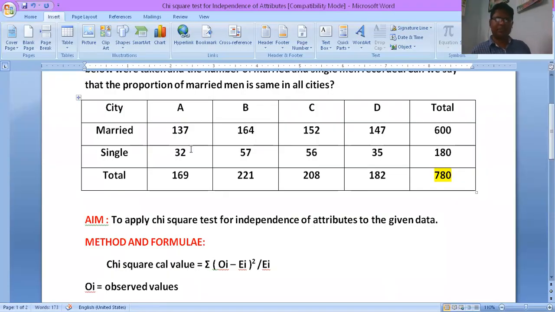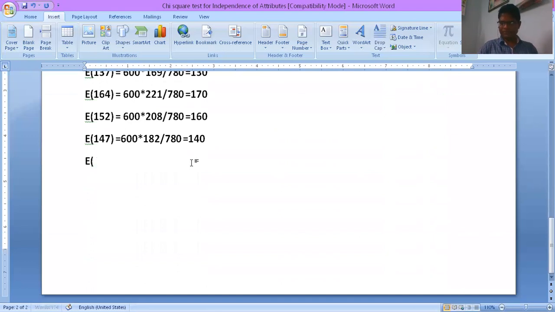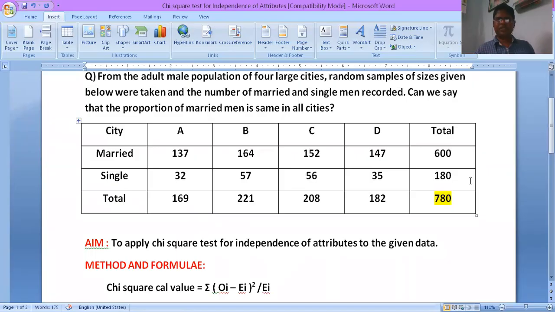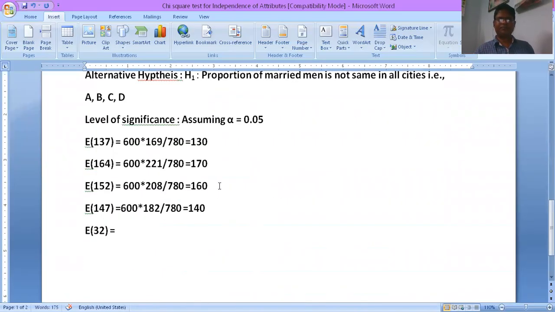Let us find the expected frequency for 32, E of 32. Last value is 180, vertically 169, divided by the grand total. Let us calculate how much it is.